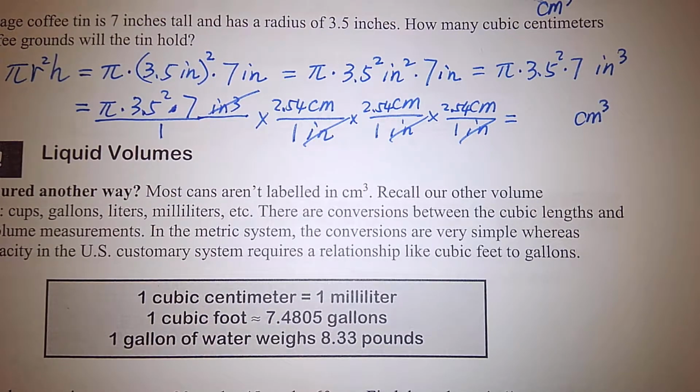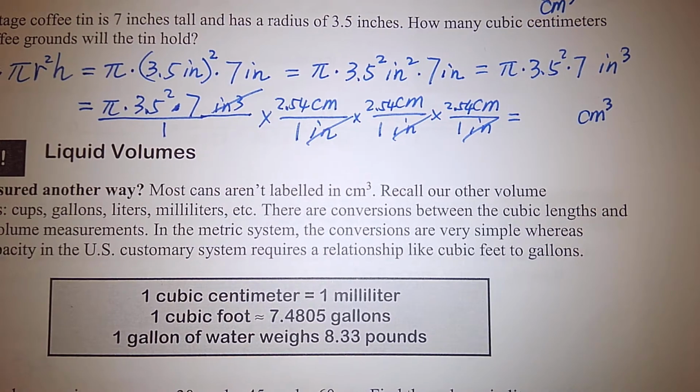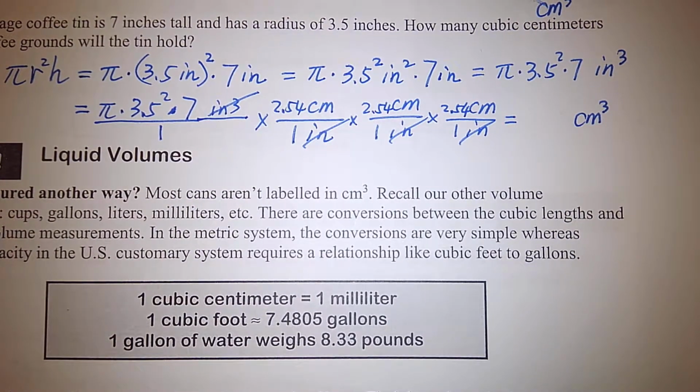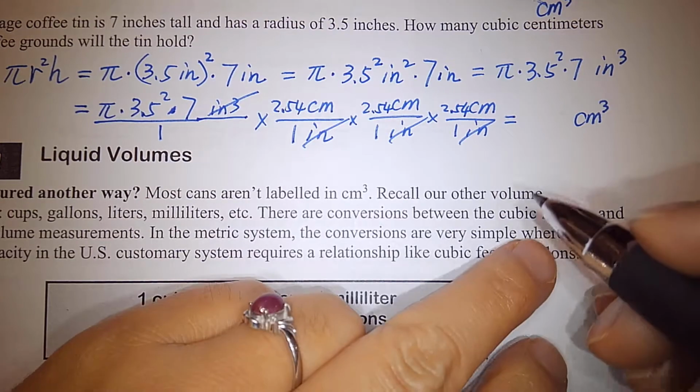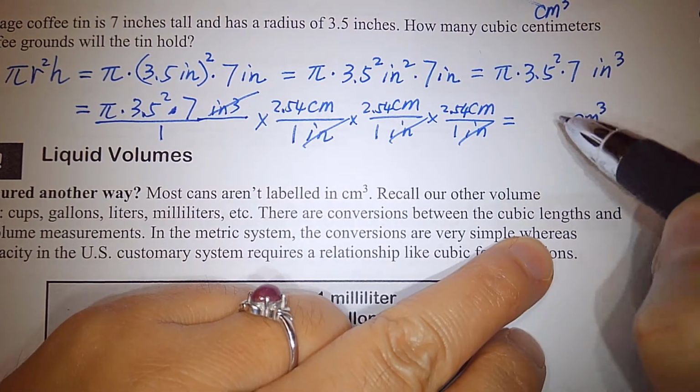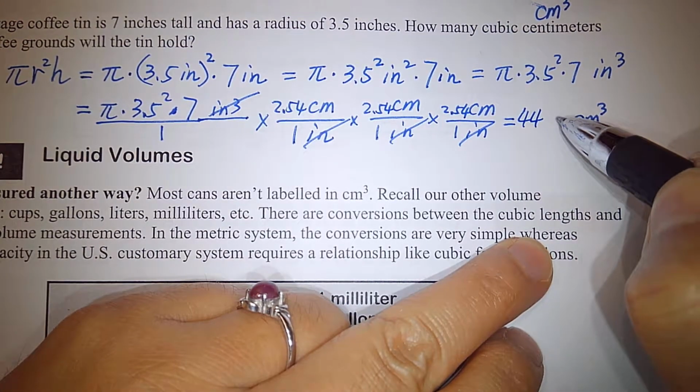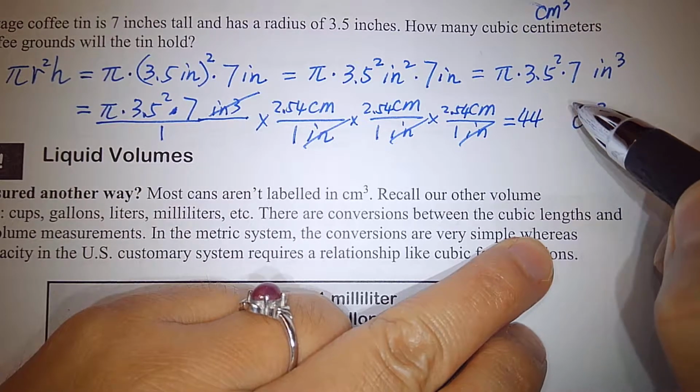What do you get? 4,000 something? Whose turn? Kathleen, tell me. 4,414.54?